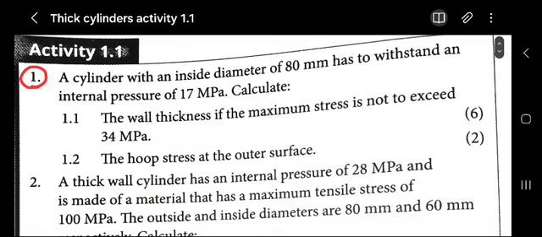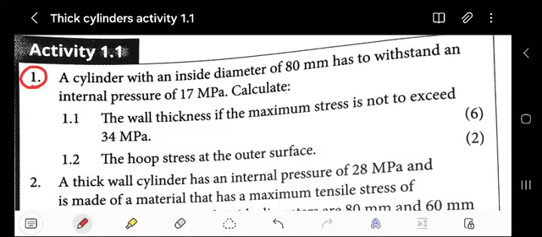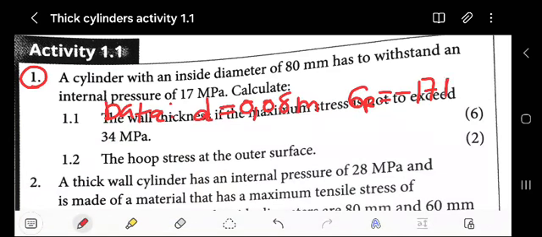Okay, let me write the data given. We have the inside diameter of 80 millimeter. If you divide that 80 by 1000, you get 0.08 meter. The radial stress will be negative 17 megapascal.